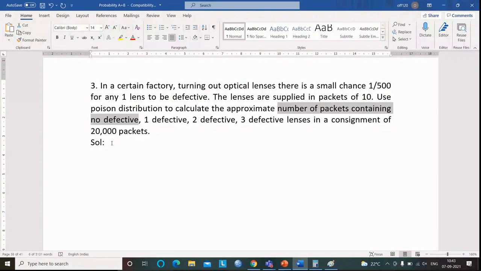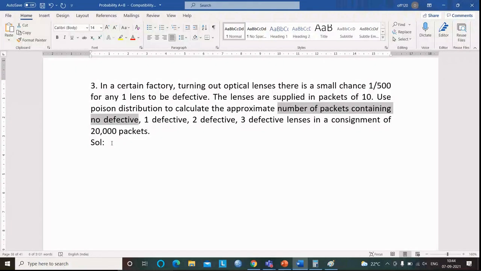Similarly, out of 20,000 packets, they are asking me to find how many packets have no defective lenses. I know the capital N value, 20,000 packets. If I find the probability of getting 0 defective, I multiply it by 20,000 packets, and I get the number of packets containing no defective.